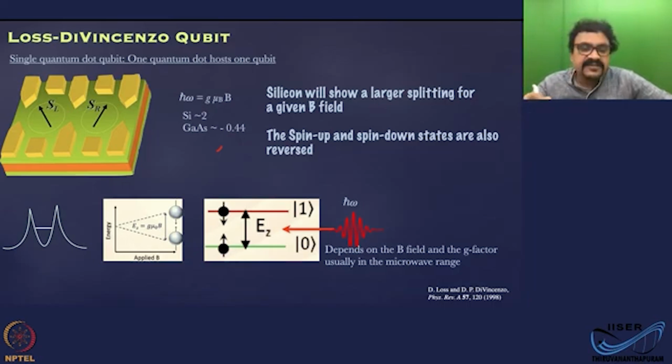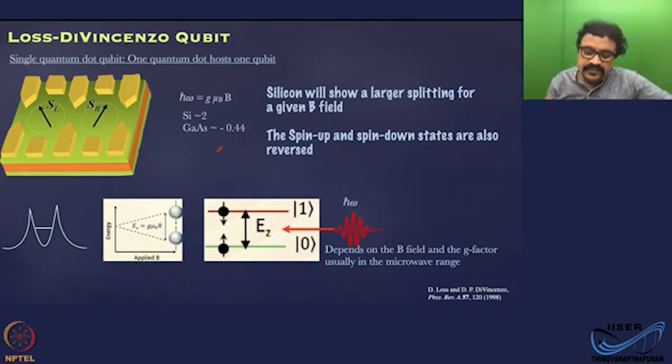That is the idea. So you have two states, up and down, and they are well defined states, and you can turn on the interaction by applying electromagnetic radiation of appropriate frequency h bar omega.